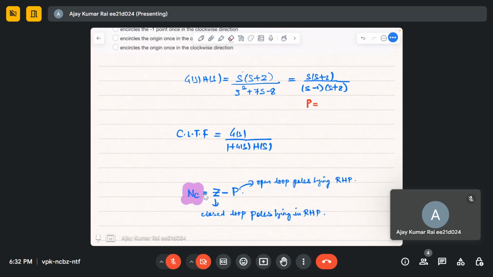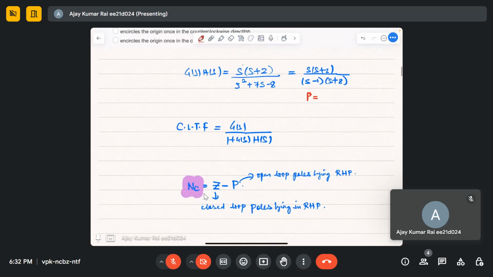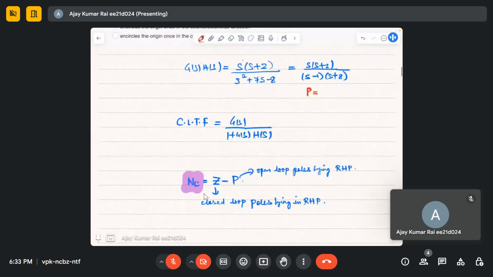Can you answer this? So in the question, the N_C value is asked, right? How many encirclements? And we have the information for Z as well as P. P is open loop poles lying in the right half plane.